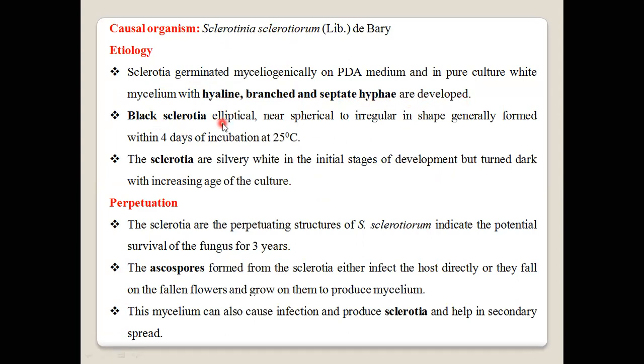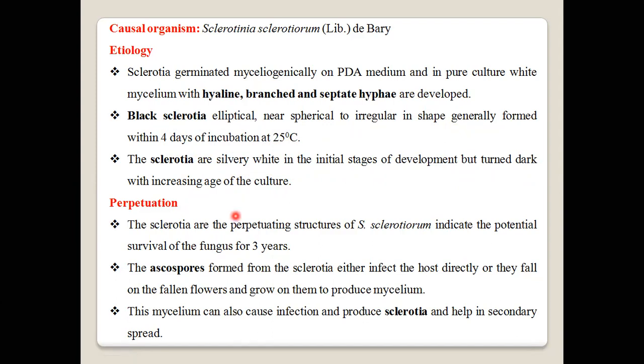These blackish sclerotia are generally elliptical or spherical to irregular in shape and are formed within 4 days of inoculation on artificial media in the laboratory at 25 degrees, or ordinary room temperature. The sclerotia are silvery white at the initial stage of development, but these whitish sclerotia become dark brown in color after the aging of the cultures.